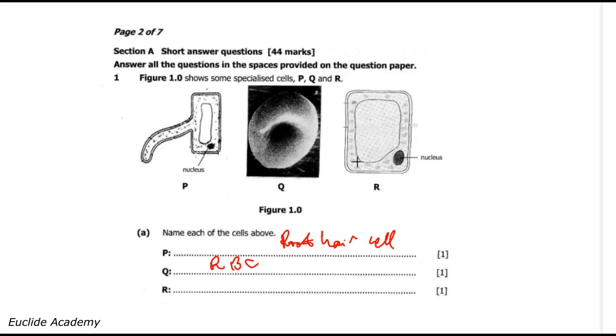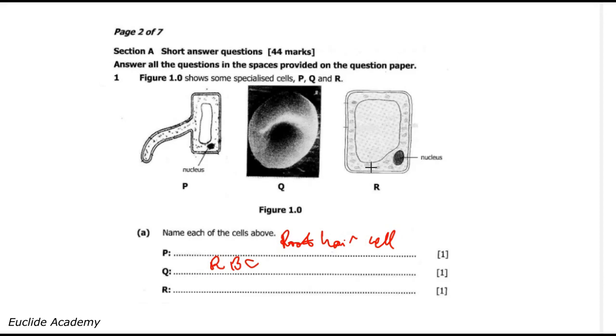R, you can see the nucleus, the vacuole and the cell wall, so definitely this is a plant cell. Then you can see some black dots inside. These black dots are what we call chloroplasts, and they contain chlorophyll. The part of a plant that carries out photosynthesis is the leaf.